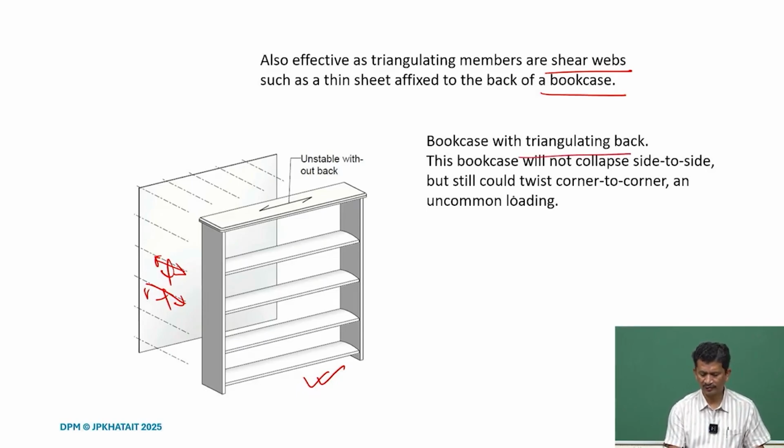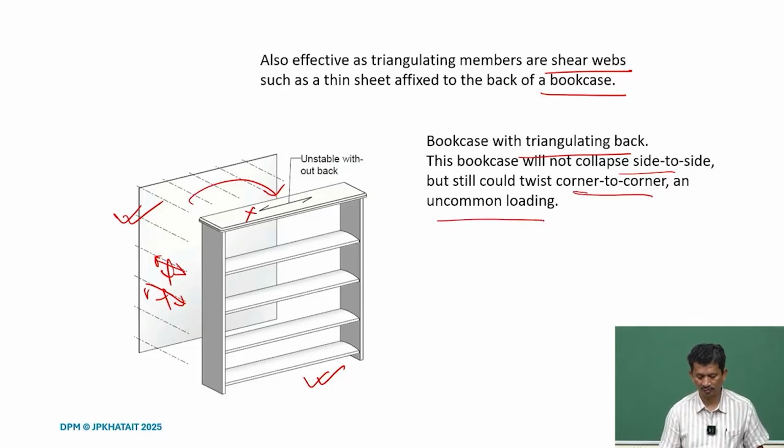Again, here what it says is that side to side will not collapse, because this will prevent it, so this will not happen. But what will happen to this corner to corner movement? That still has to be solved. So, the diagonal movement. We will see some examples later of how to resolve that issue.